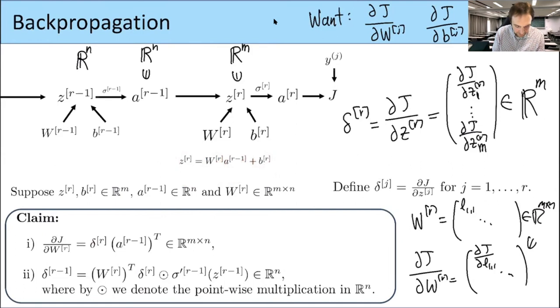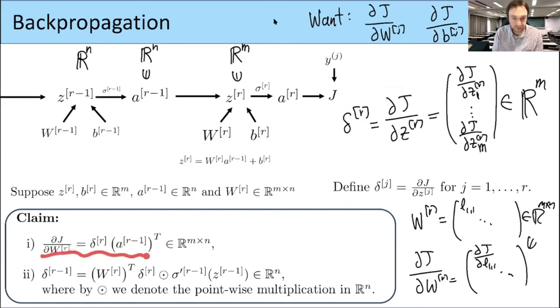So if I take the derivative of this here with respect to w, then of course I just get the number a. The transpose of a number is just a number. And this del here is just the derivative with respect to zr.